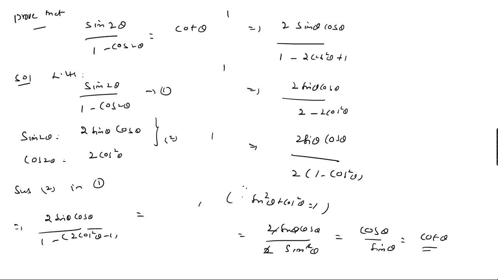Sin 2 theta is 2 sin theta cos theta, and cos 2 theta is 2 cos square theta minus 1. So we substitute these two values in the equation and simplify, and we need the basic formula sin square theta plus cos square theta is equal to 1.